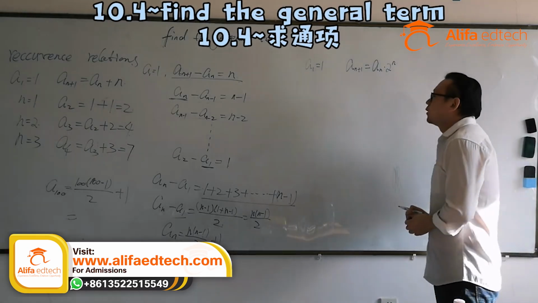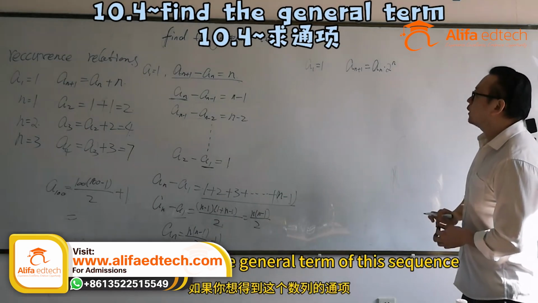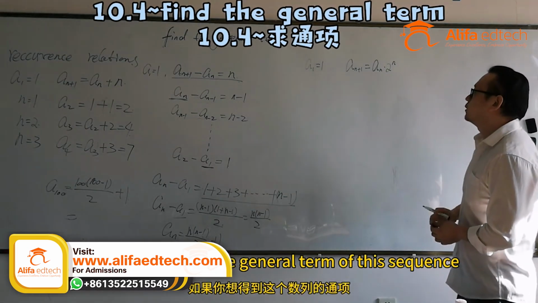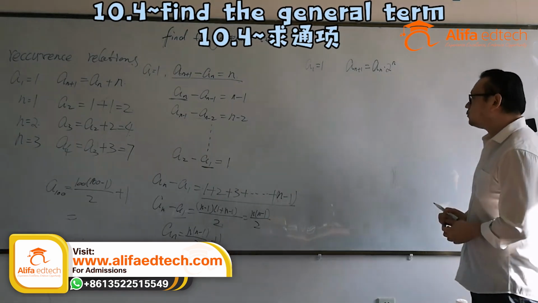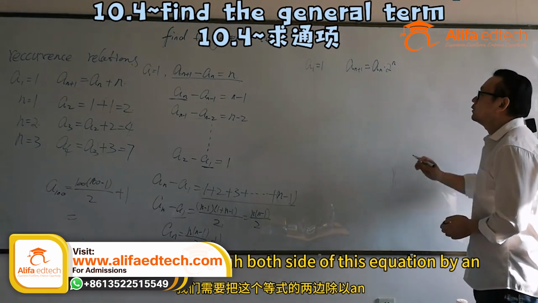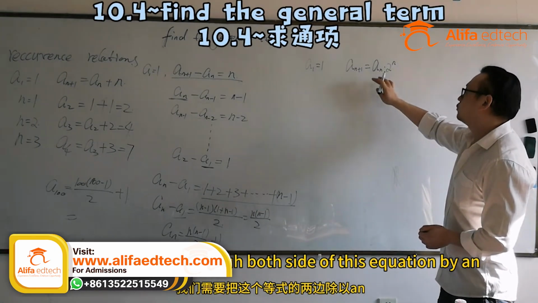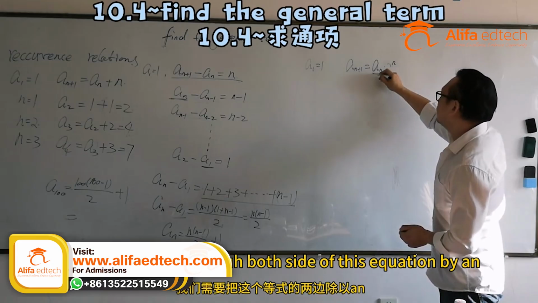So if we want to get the general term of this equation, we need to divide both sides of this equation by an.